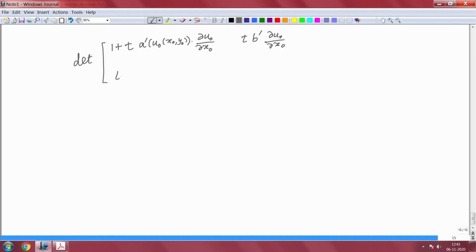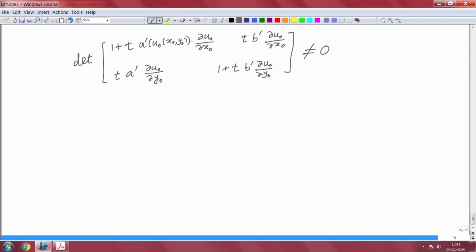And similarly, here t a prime del u 0 by del y 0, and 1 plus t b prime del u 0 by del y 0. The determinant should not be 0.